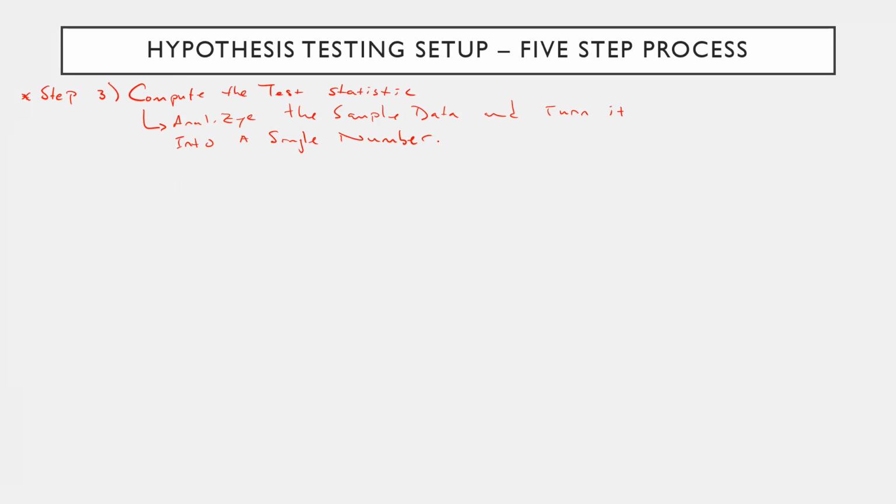So we want to take our sample evidence and boil it down to just one number, okay? And our test statistic is denoted as T sub 0, okay? Have we seen the T before in this class? Yes. Yeah, you did. This is related to a T distribution, okay?